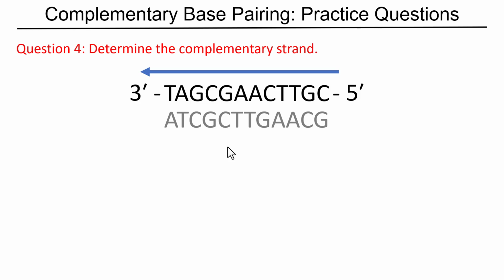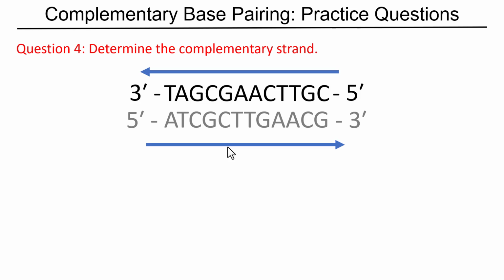One strand of DNA goes in one direction, and the other strand goes forward in the opposite direction. So if our top strand is 5' to 3' right to left, then our bottom strand is going to be 5' to 3' left to right.